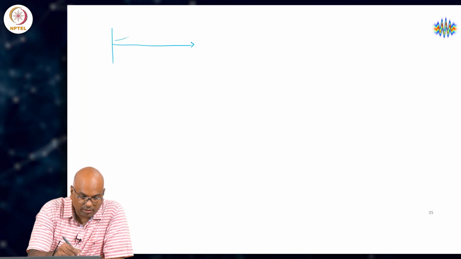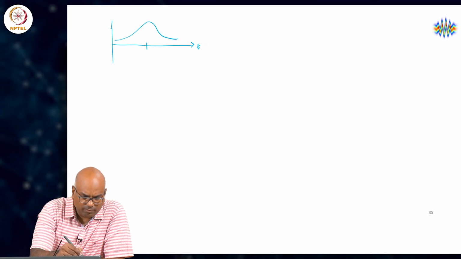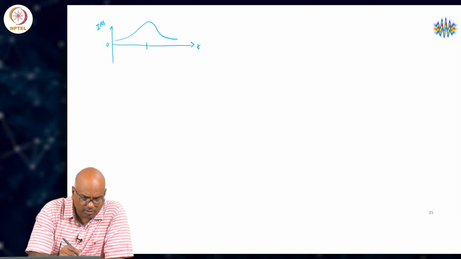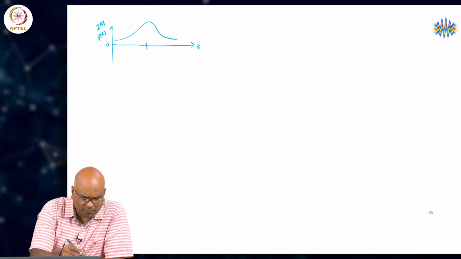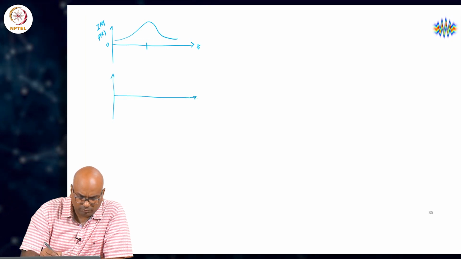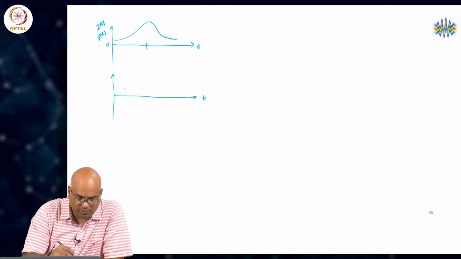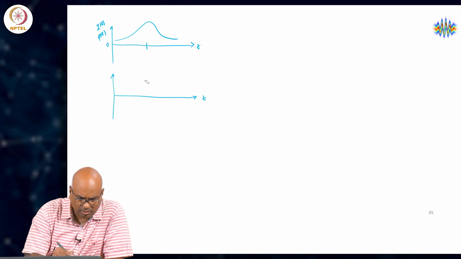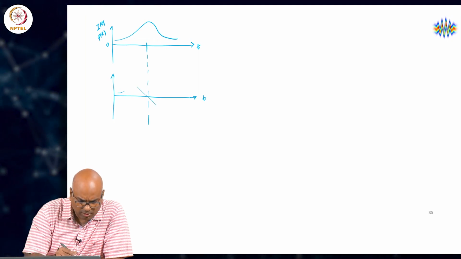So we had an intensity envelope in time. This is I of t. This could also be phi of t. And as a consequence of this, here we would have a zero crossing.